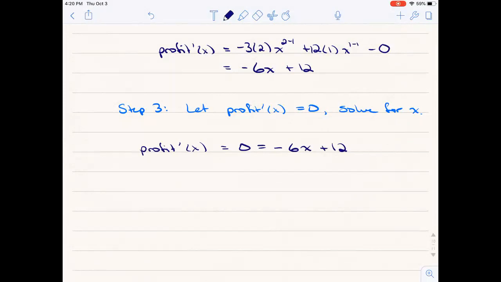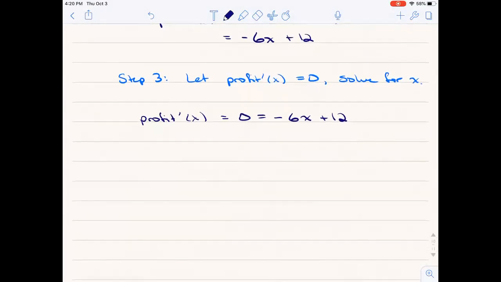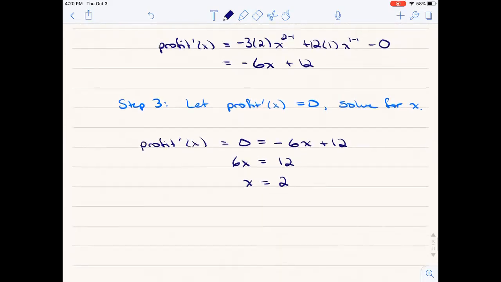Solving for x now is not a big deal, right? I'm going to move the negative 6x over to the left-hand side because it makes my life easier. So I get 6x is 12, so x must be 12 over 6, which is 2. That answers part A, right?